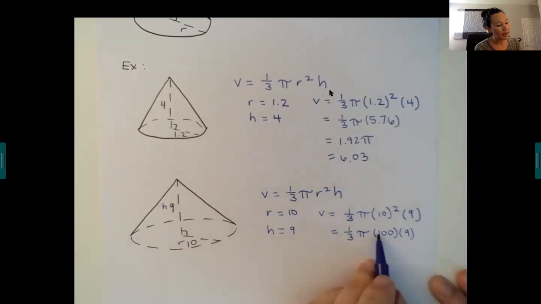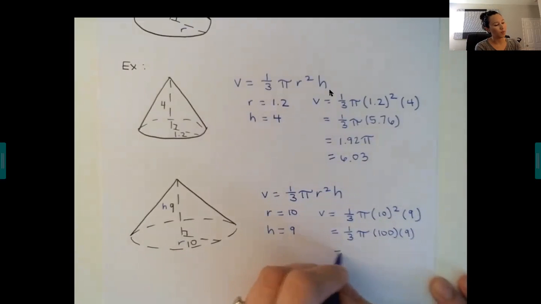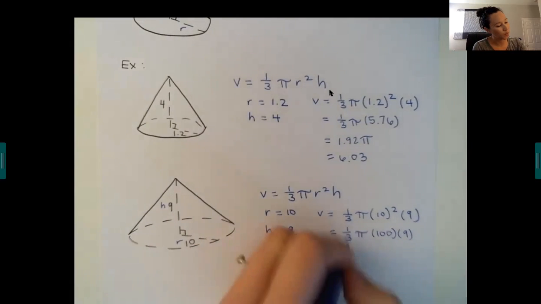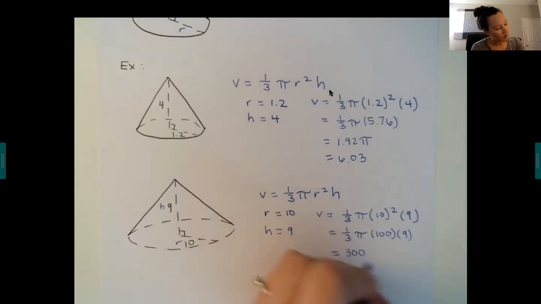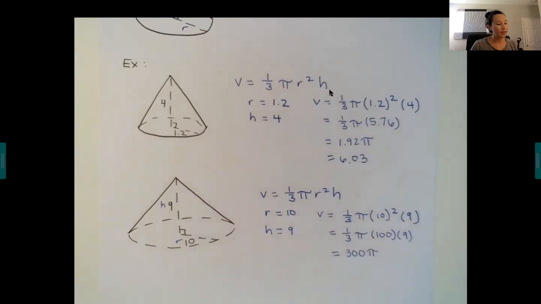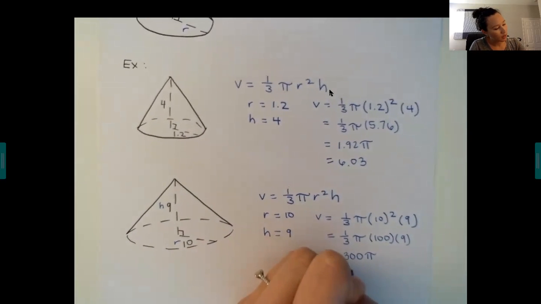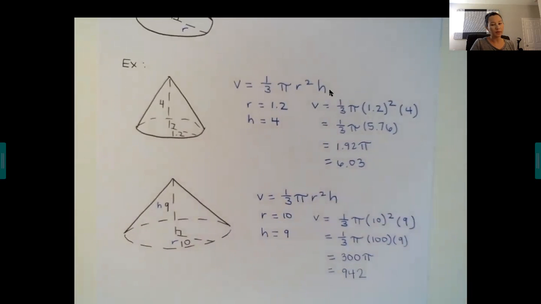So we get 900, and then we multiply 900 by 1/3, which is 300, times pi. And this one, they want us to round. So we do 300 times 3.14, which it tells us to use, which is 942.